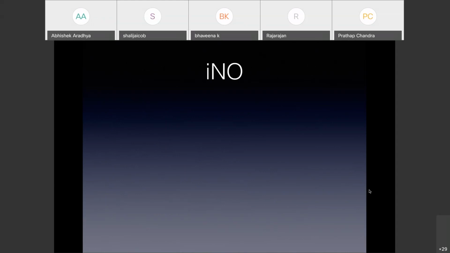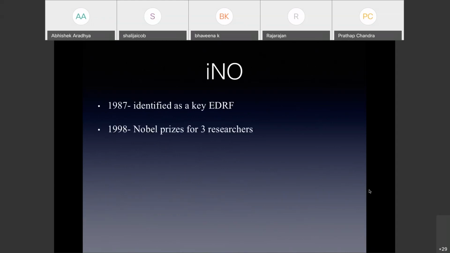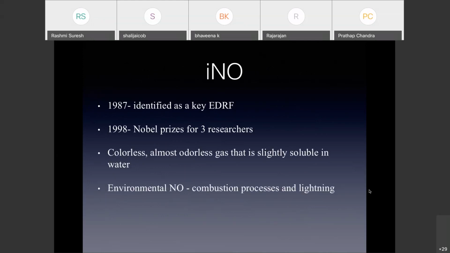So inhaled nitric oxide was identified as a key endogenously derived factor as early as 1987, which attracted Nobel Prizes for 3 researchers in 1998. It is essentially a colorless, odorless gas, and it is soluble in water. It is available abundantly in the environment, and it is usually produced by the combustion process as well as lightning.